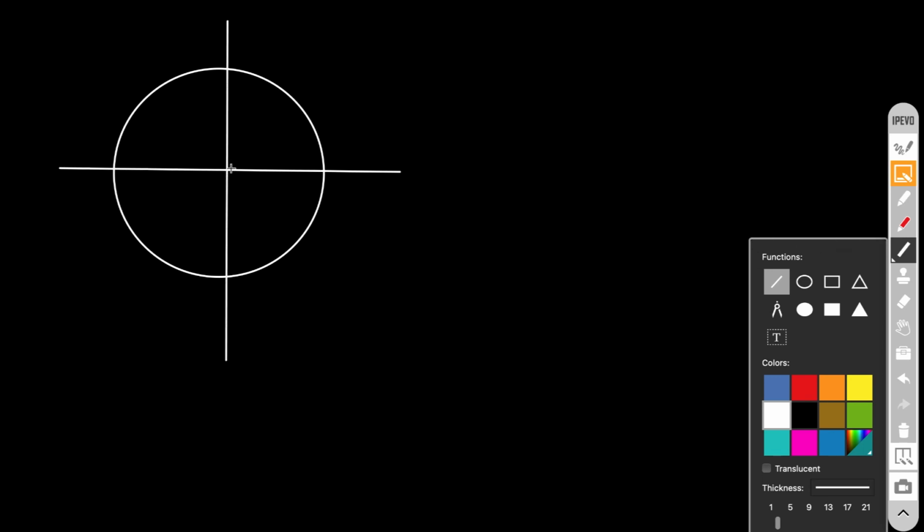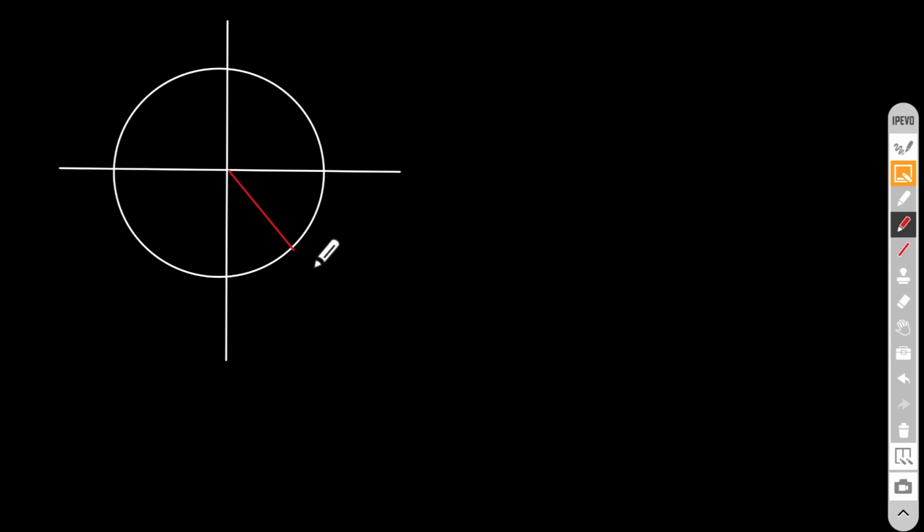If this is the point a e to the minus i delta, then this would be the a e to the i omega t minus delta.